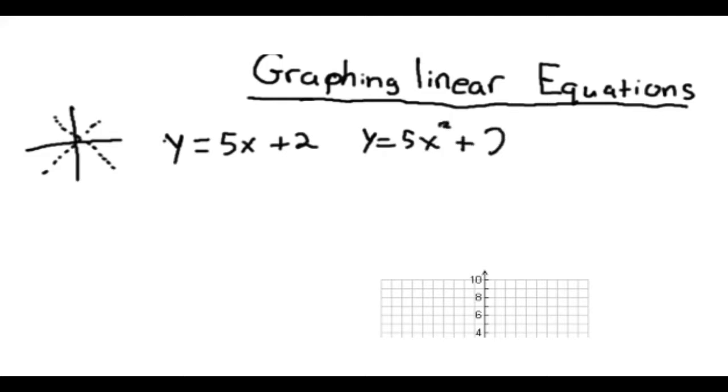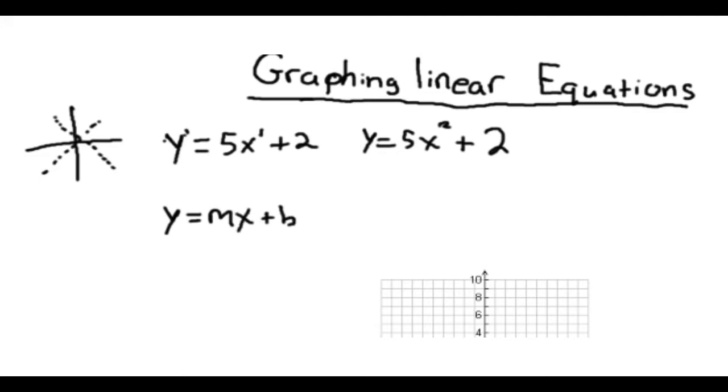One factor of all linear equations is that there are no exponents on either the x or the y. Or you could say that the exponent is 1, meaning that it doesn't change. So one thing that's consistent about all linear equations is that there's no exponents on the x or the y, and that it could be written in this form: y equals mx plus b.